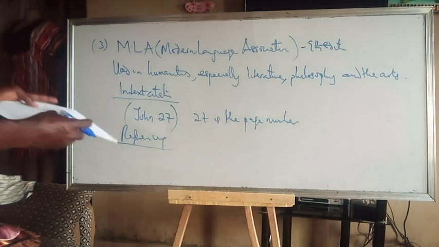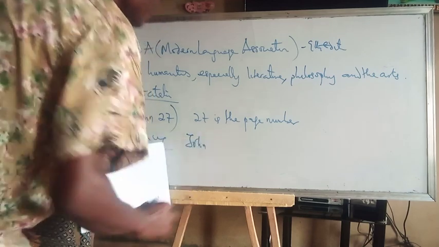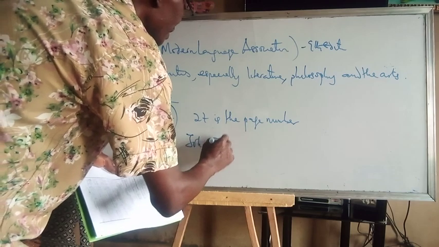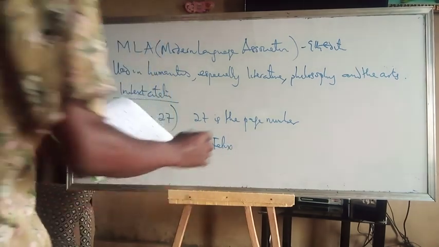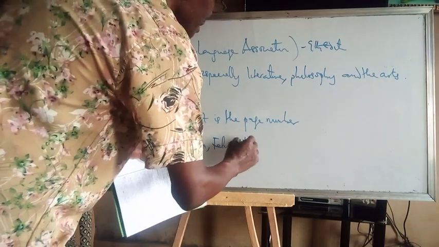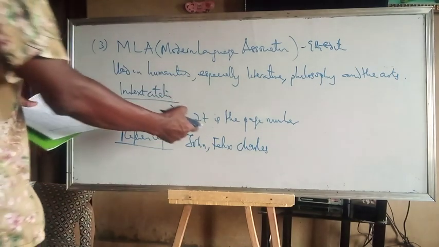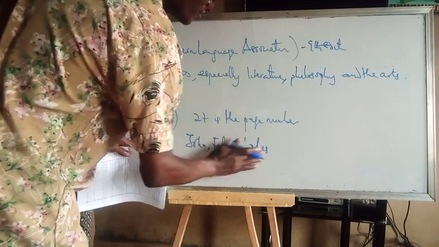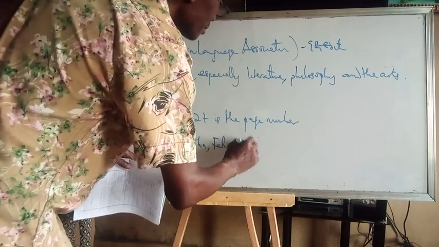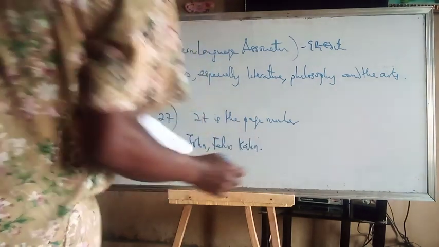Okay. Now, the works cited, that is the referencing. Let me write the referencing out. It's written as John, Felix Charles. Everything will be written like that. Okay, let's use Felix Khan. FK. You shorten that. Then full stop.